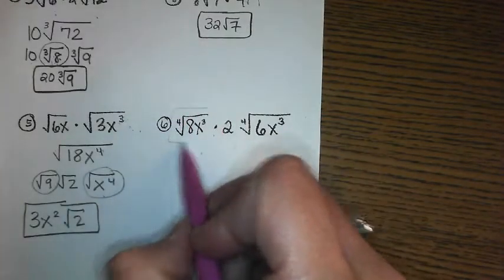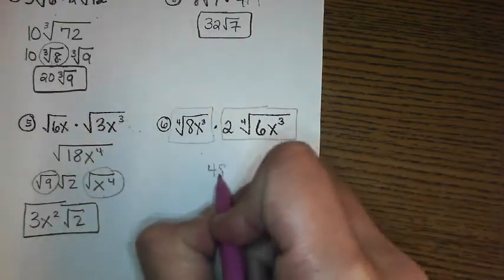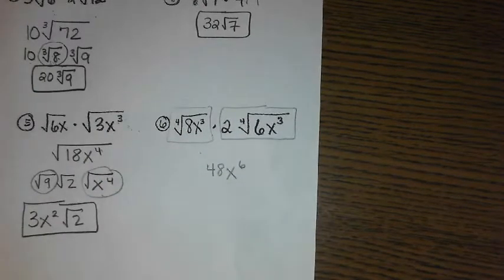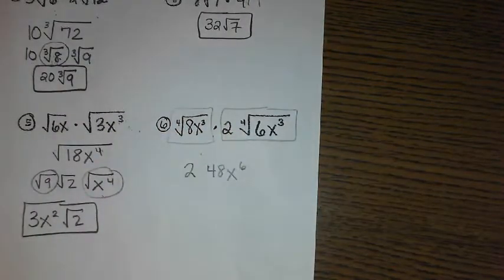Okay. 48x to the 6th power you told me to write. Is that what you have? Oh, with the 2 in the front. Is that what you have? Where's your radical sign?